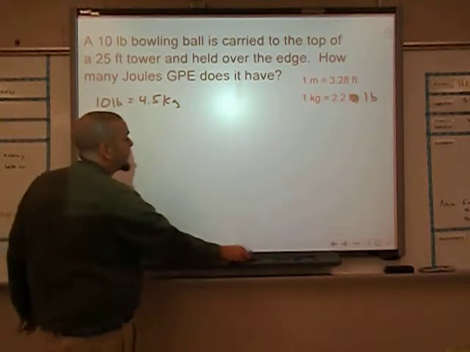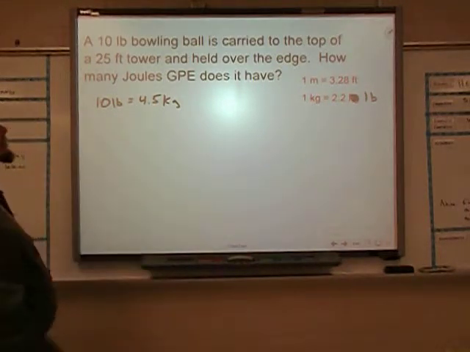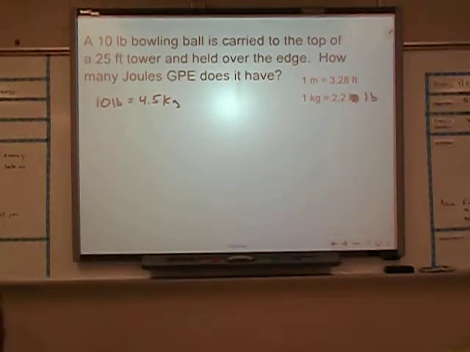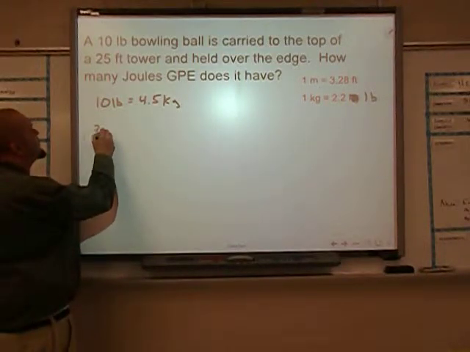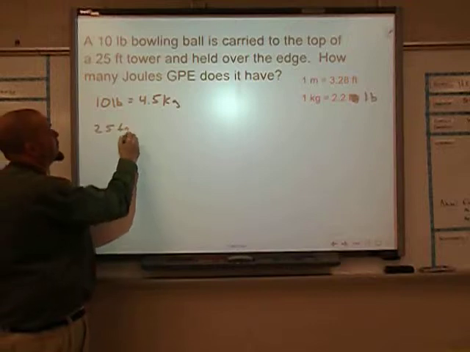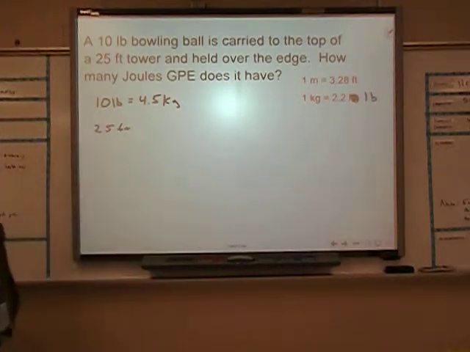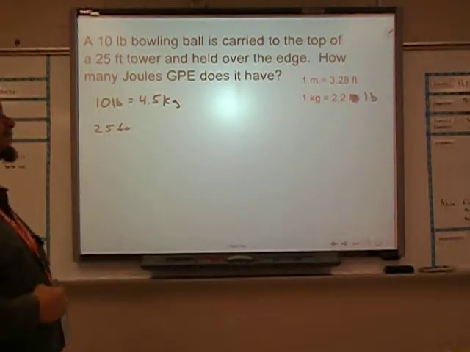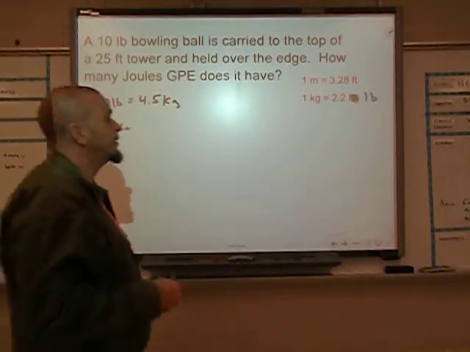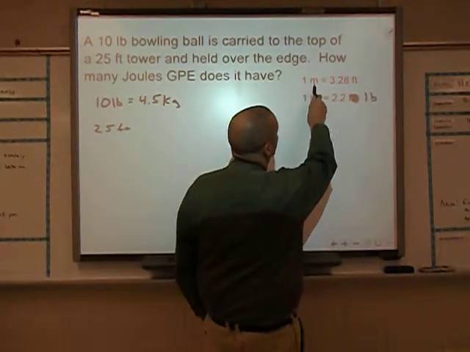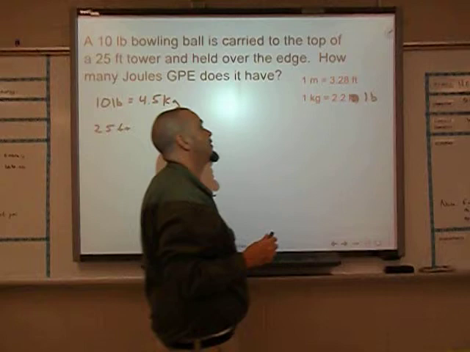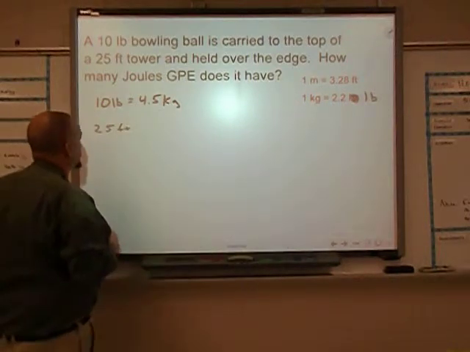You should have learned it in honors chemistry. It's a huge part of stoichiometry. The other number we're given here is 25 feet. While 25 feet is a legitimate unit for height, it's not metric, and to get our answer to be in joules, it's going to have to be in meters. So we'll use the second equivalence, 1 meter equals 3.28 feet, to do that conversion.